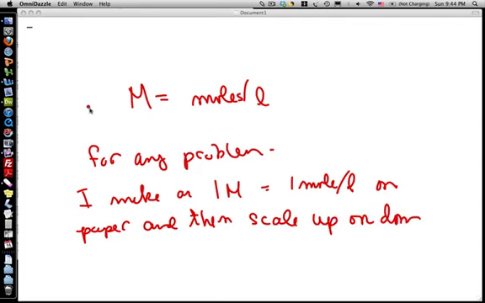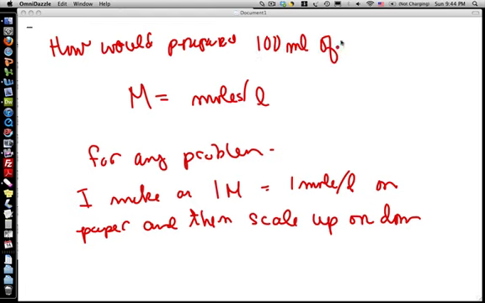So let's look at this problem. Let's say it said, how would you prepare 100 milliliters of a 3 molar solution of glucose?